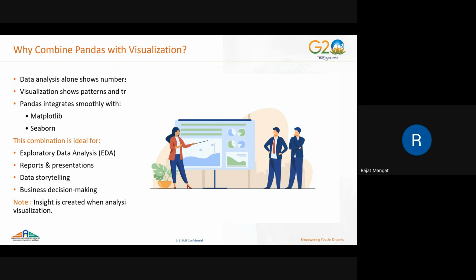That's why pandas integrates smoothly with Matplotlib and Seaborn. This is such an ecosystem in which one cannot survive without the other. Without the data provided by pandas, Matplotlib will not be able to create the visualization, and without Matplotlib, we are not able to efficiently utilize the data of pandas.